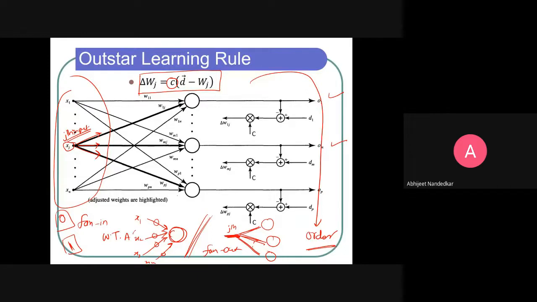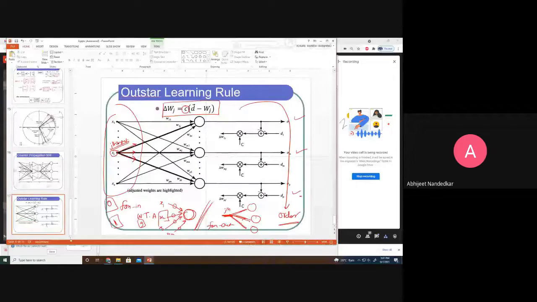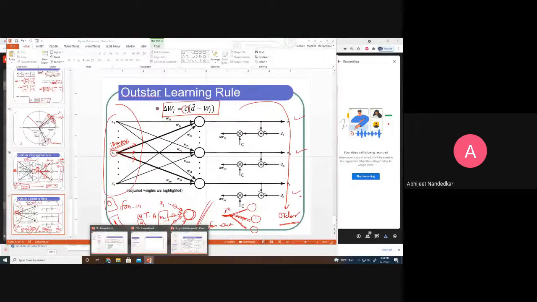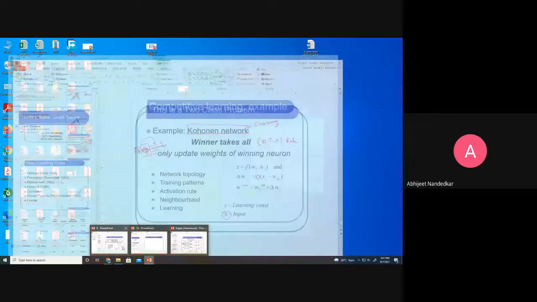If I apply digit 9, then the last node will be the winner. So this is the Outstar learning rule. Here we come to the end of learning rules. We can quickly revise what rules we have seen till now.